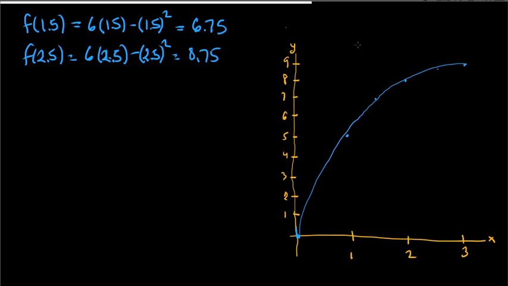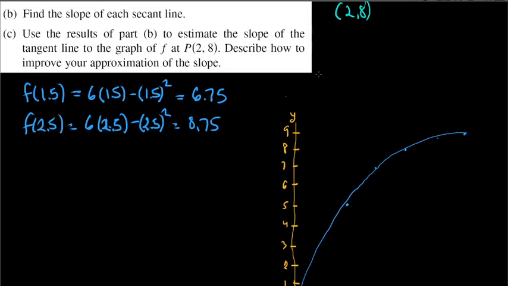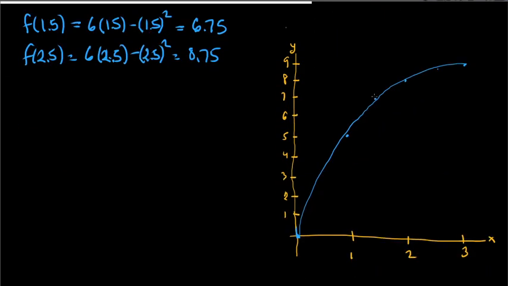All right, and let me label the important points here. So the point P is right here. This is the point (2, 8). And I guess I'll call this point Q for now. Well, I'll call it Q2. And it's the point (2.5, 8.75).